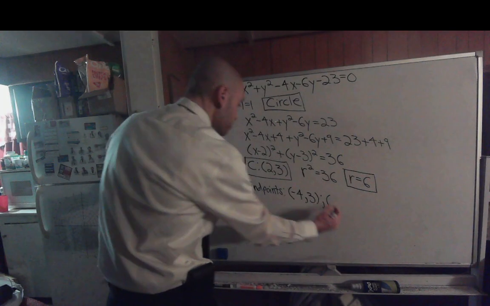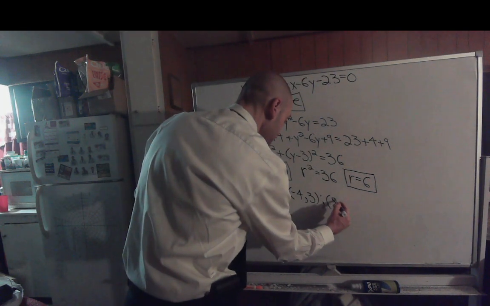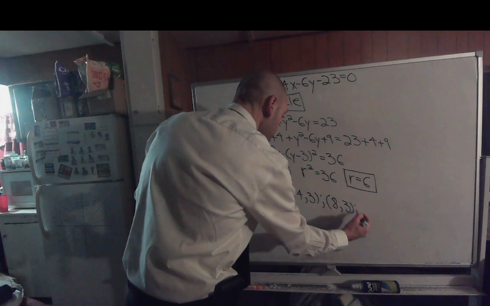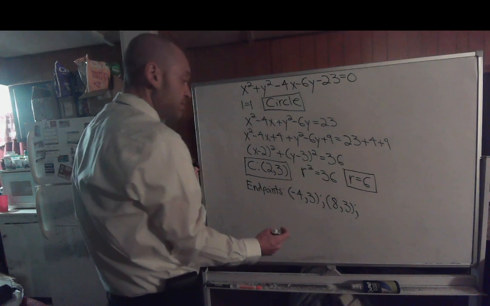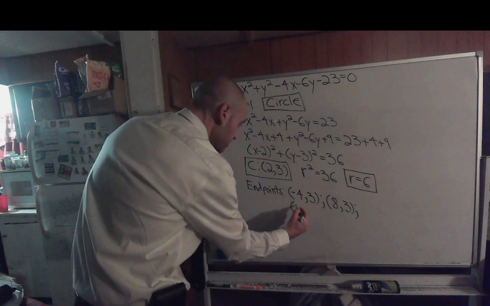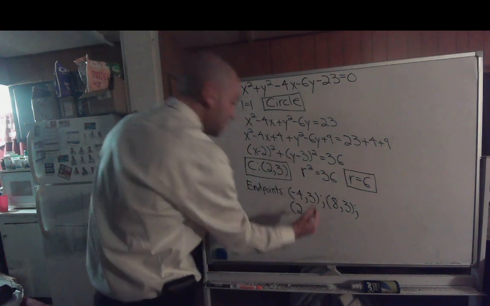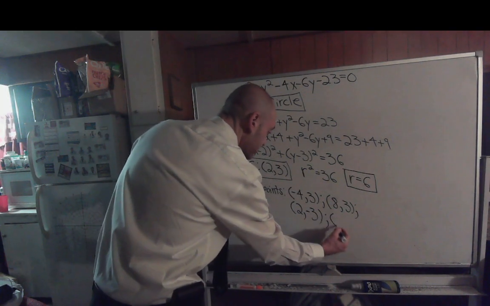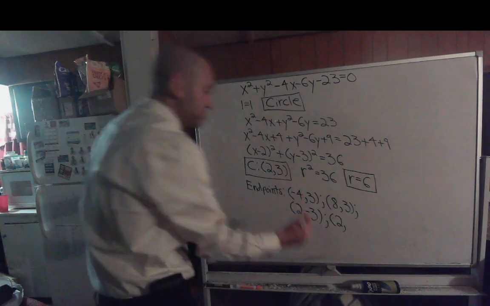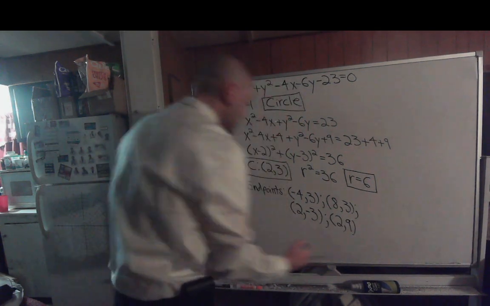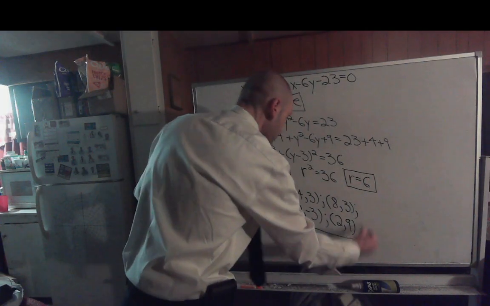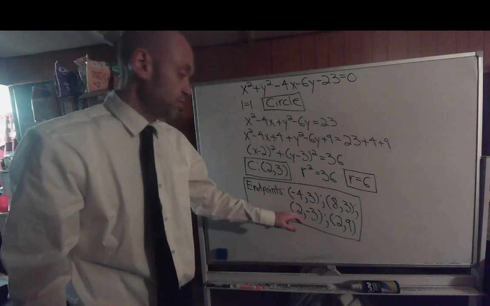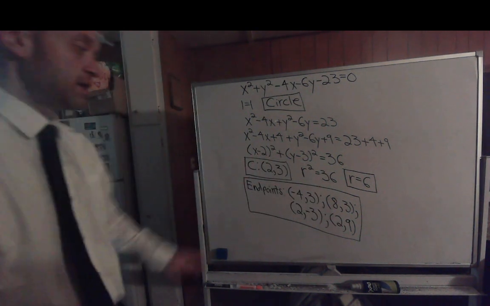If I take 2 plus 6, I should end up getting 8, 3. And then if I leave my x coordinate alone this time of 2, if I take 3 minus 6, I should get negative 3. Then if I leave my x coordinate alone again, I take 3 plus 6, I should get 9. So I have 4 endpoints located at negative 4, 3, 8, 3, 2, negative 3, and 2, 9.